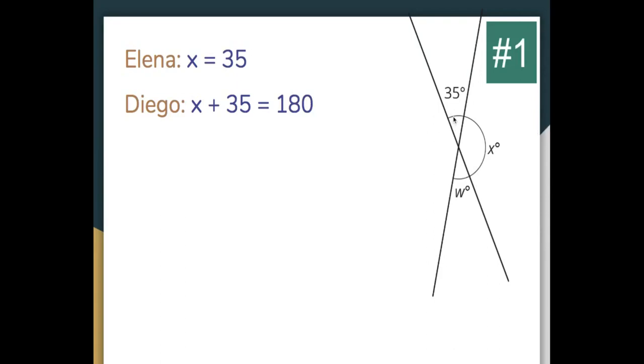So he concludes, therefore, that 35 plus X would equal 180, and he is correct. He can see that this angle all the way over is 180 degrees. That's how he's able to figure that out.